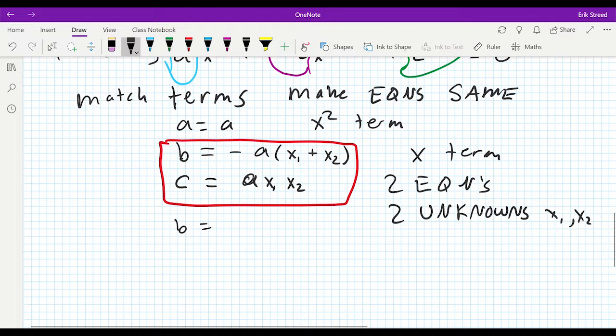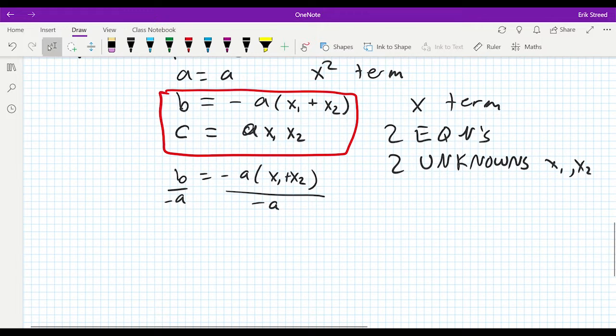So let's take B equals negative A, x1 plus x2. Don't forget the plus in there. Let's divide everything by negative A. Divide by negative A. So the negative A's are going to cancel out. And we're going to get negative B over A is equal to x1 plus x2.